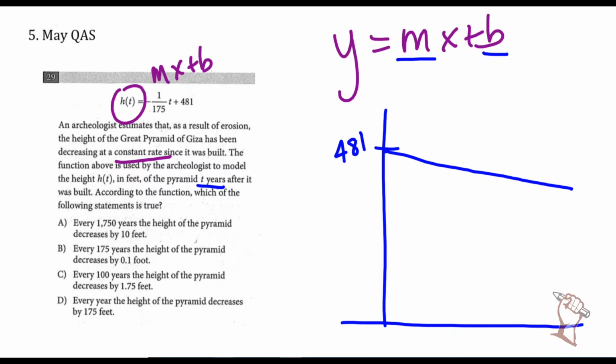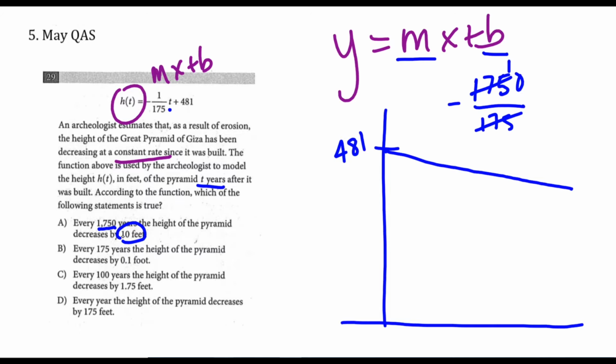So let's put in 1,750 years for t. So I'll take 1,750 years and divide that by 175. Well, 1,750 divided by 175 gives me 10. And that decreases 10 feet.